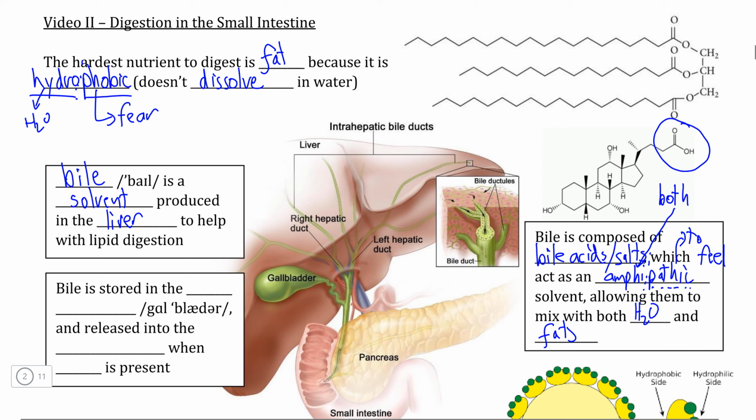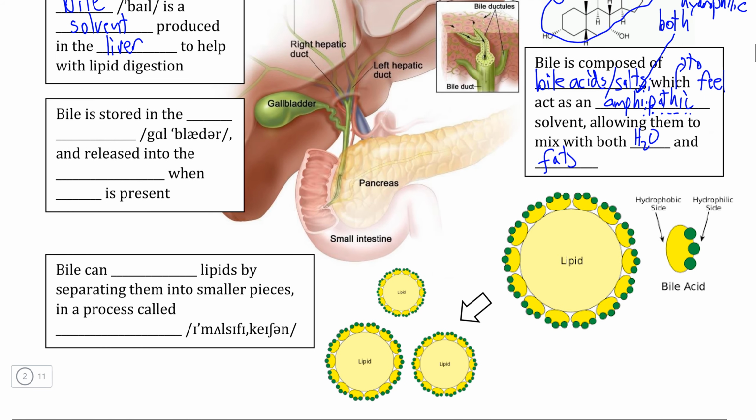This part here is able to attract to water, and therefore this is what we call the hydrophilic side, meaning this is the side that likes water, and this side here, for the most part, is the hydrophobic side. And when we look at how bile acids or bile salts actually work, they are relatively ingenious in their design.